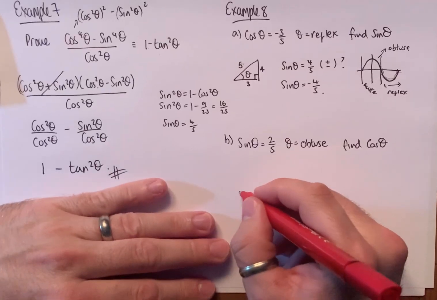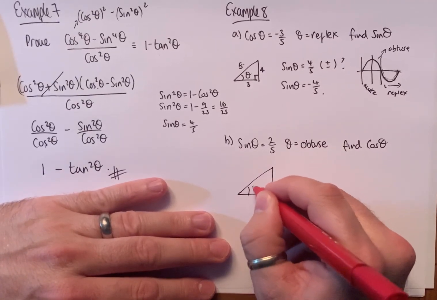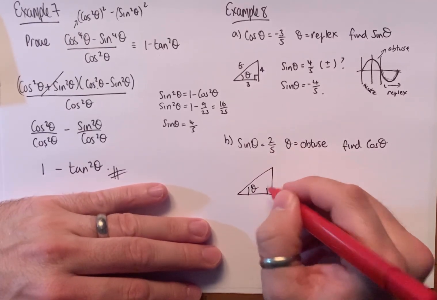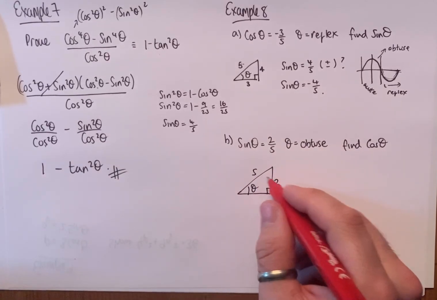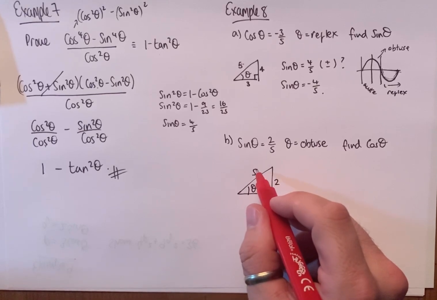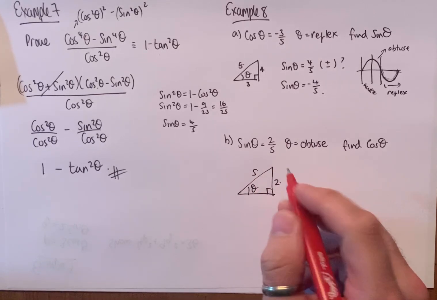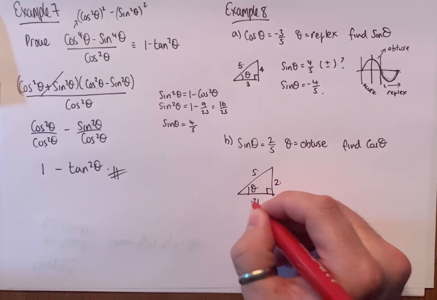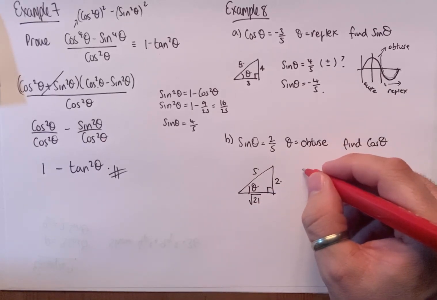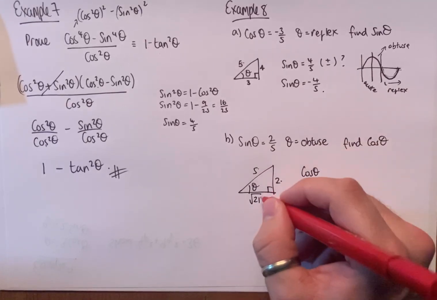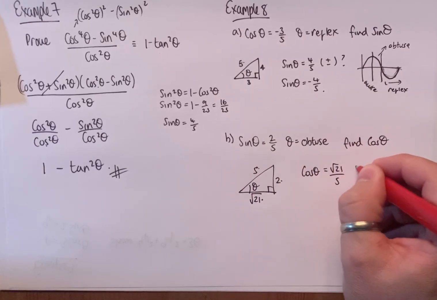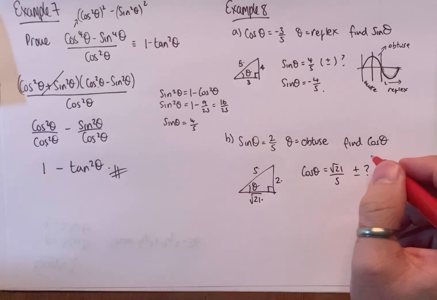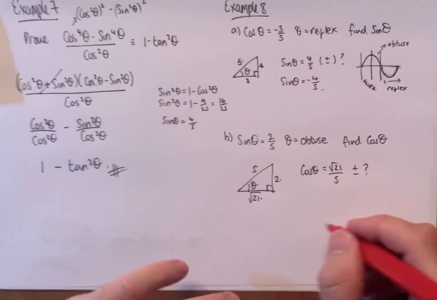B. Sine theta is 2/5, that's opposite over the hypotenuse. So I need to use Pythagoras' theorem, so square, subtract, square root. So 25 take 4 is 21, so square root 21. So cos theta is adjacent over the hypotenuse. Again, I'm not sure if it's plus or minus, but we know theta's obtuse.